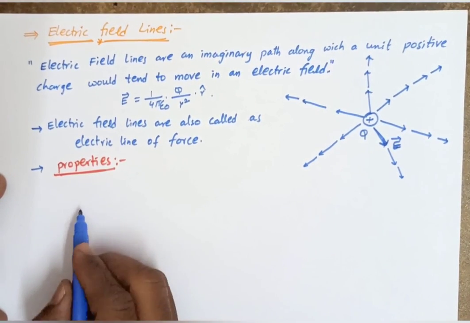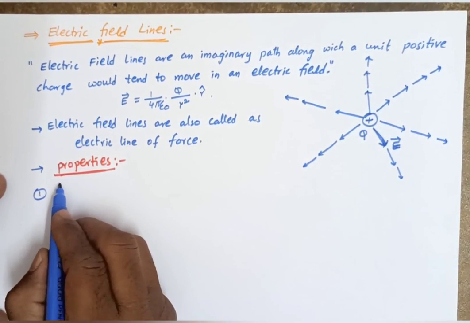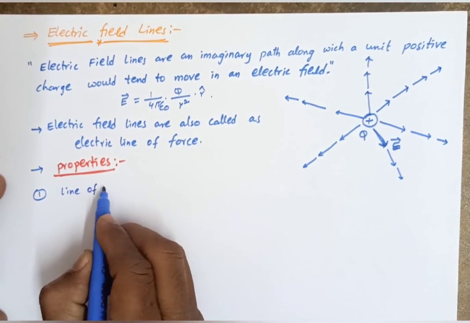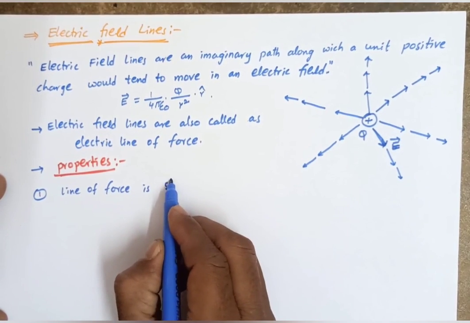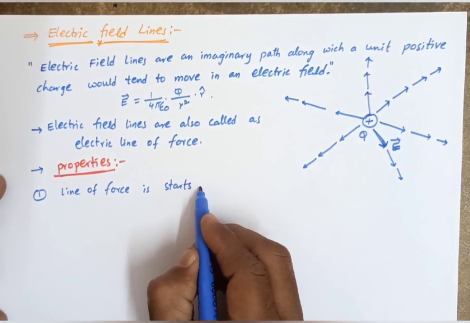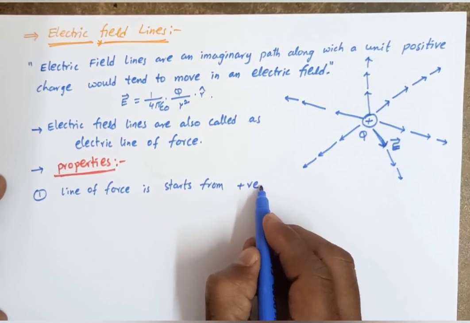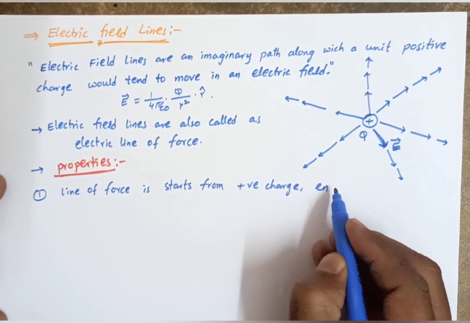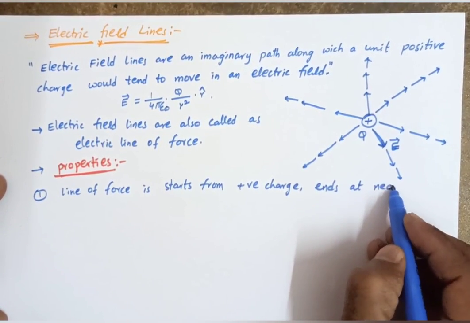First of all, the line of force starts from a positive charge and ends at a negative charge.